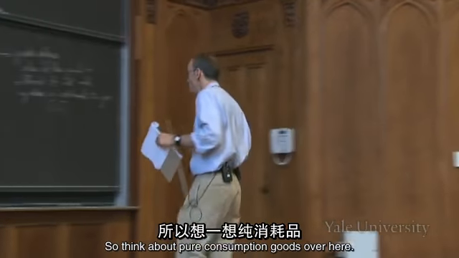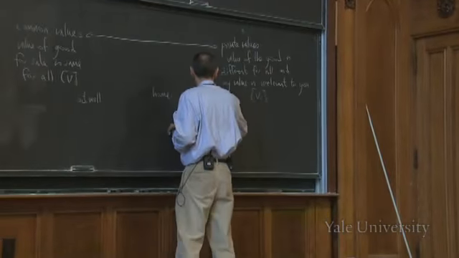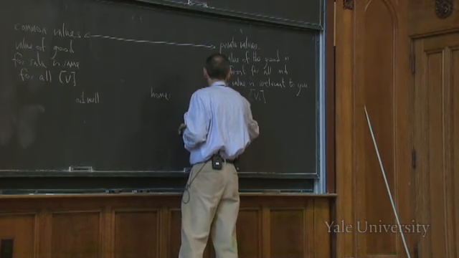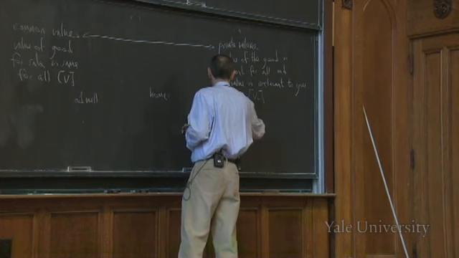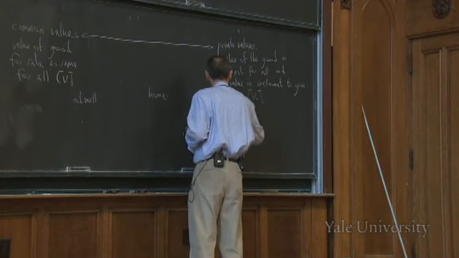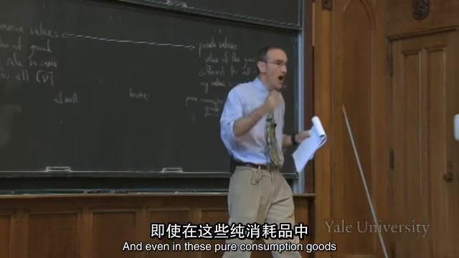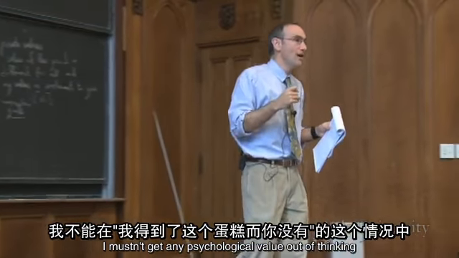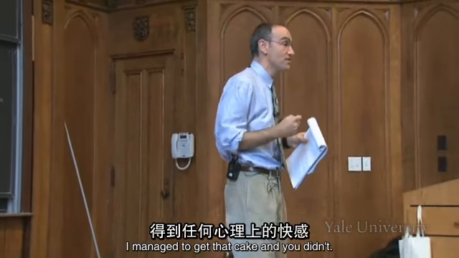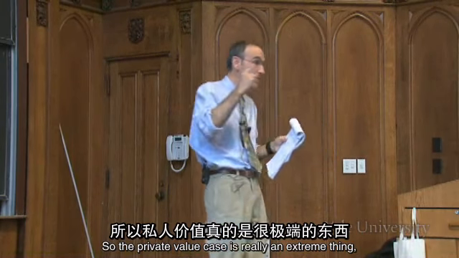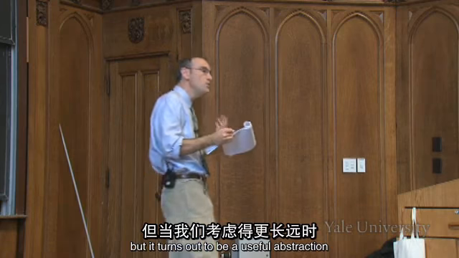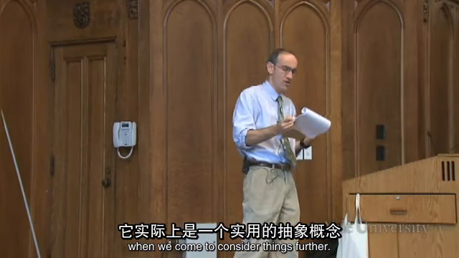So think about pure consumption goods over here. And even in these pure consumption goods, I mustn't get any psychological value out of thinking I managed to get that cake and you didn't. All right? So the private value case is really an extreme thing, but it turns out to be a useful abstraction when we come to consider things further.